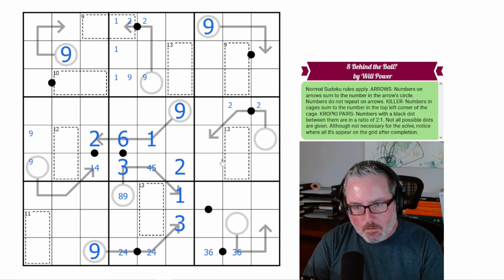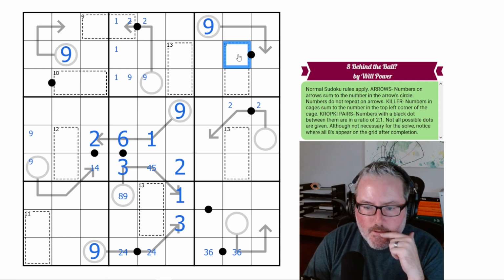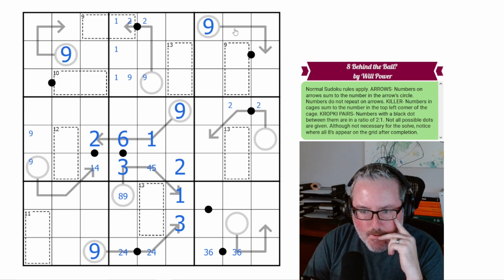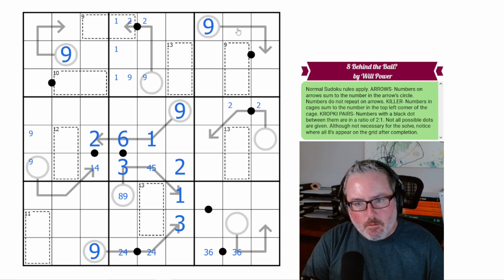Are any of the other Kropki dots giving me more information than I think they are? Because I can't really rule anything out from these at the moment, at least. Now, what if I said there wasn't a 1 on this?